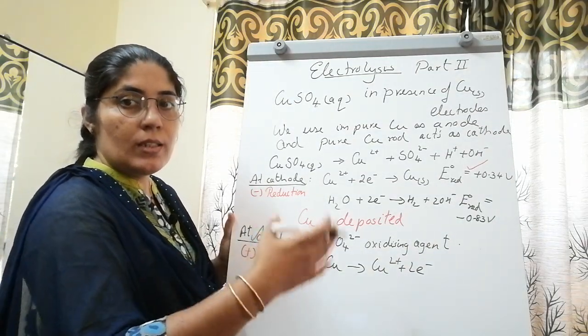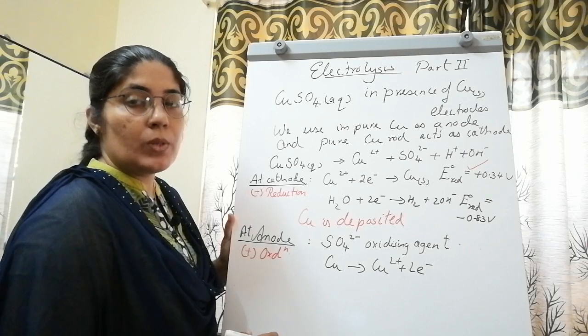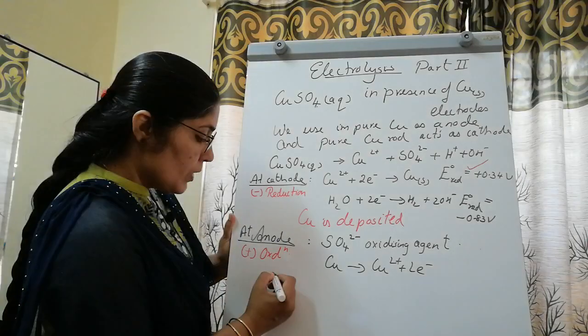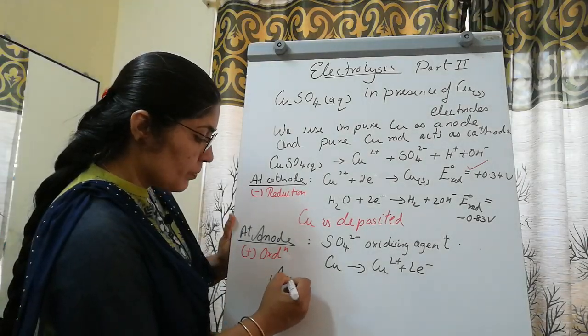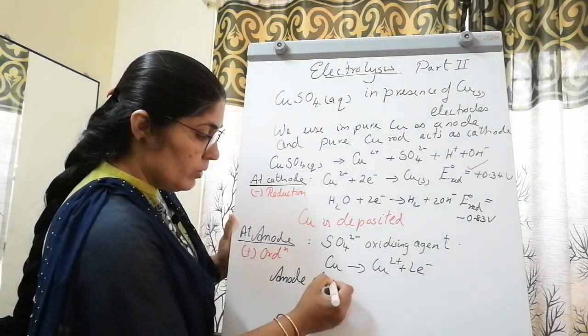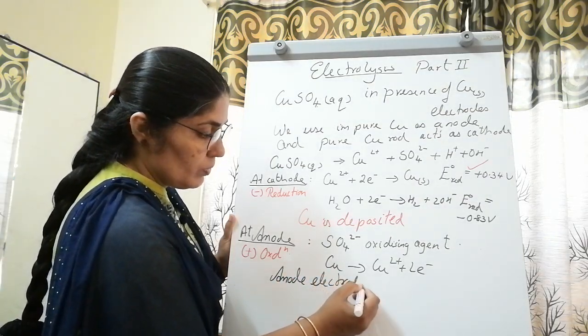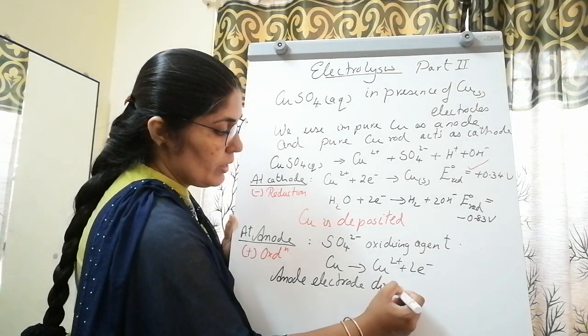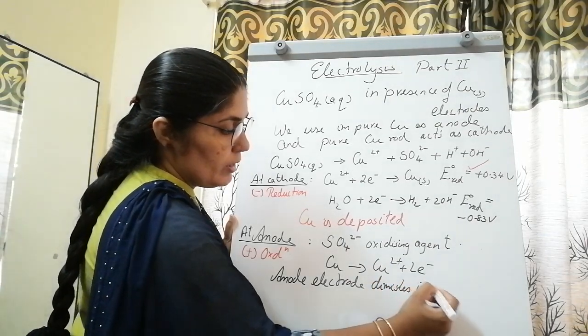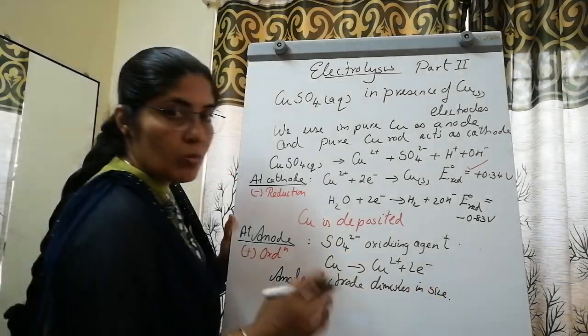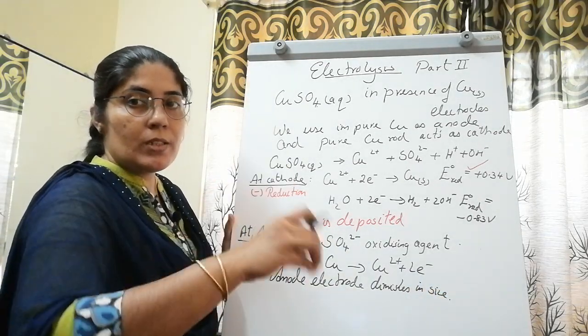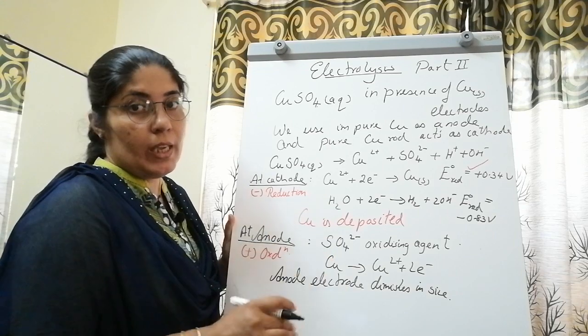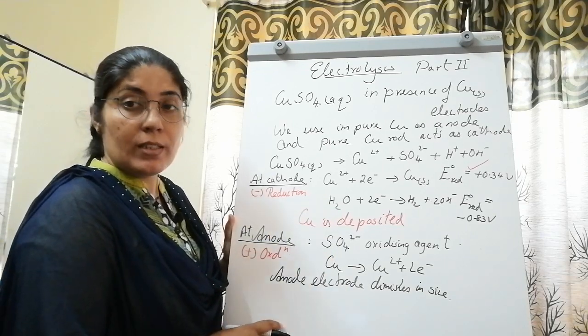As the system proceeds, the anode electrode diminishes in size, because all the Cu2+ ions are going into the electrolyte. That is what is taking place here.